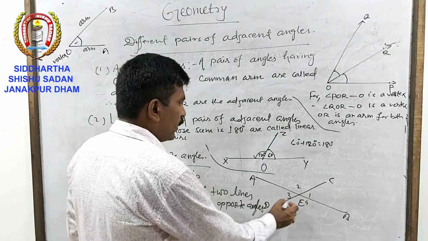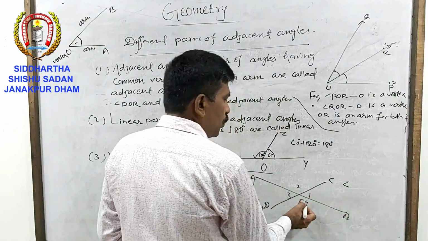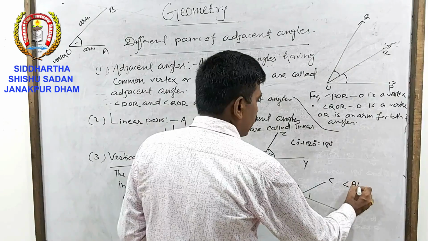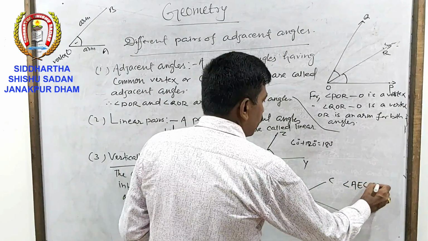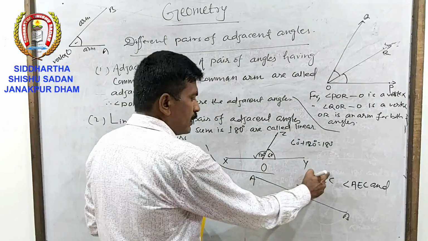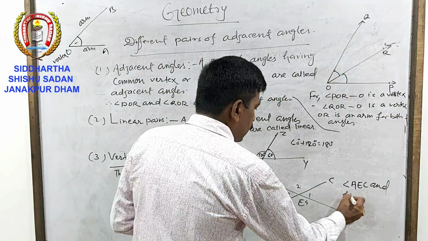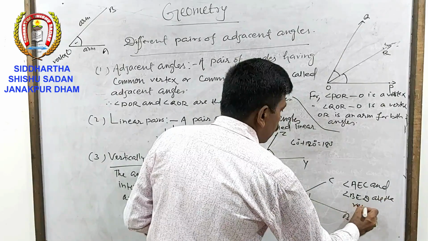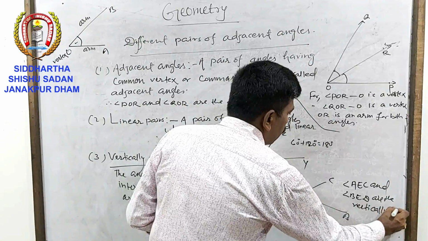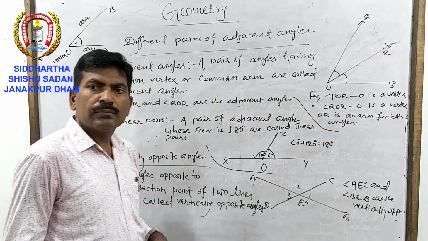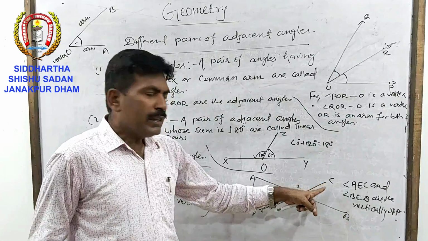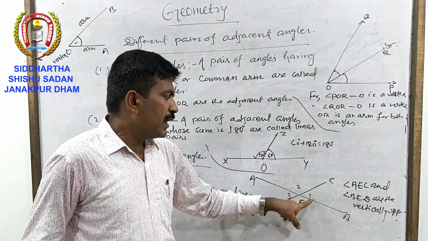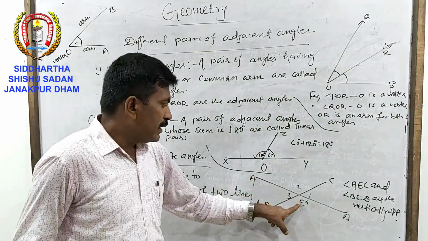Here we can write the example. Angle AED and angle BEC are just opposite angles. Angle BED and angle AEC are the vertically opposite angles. In the same way, angle BEC, that is angle 1, is equal to angle AED.